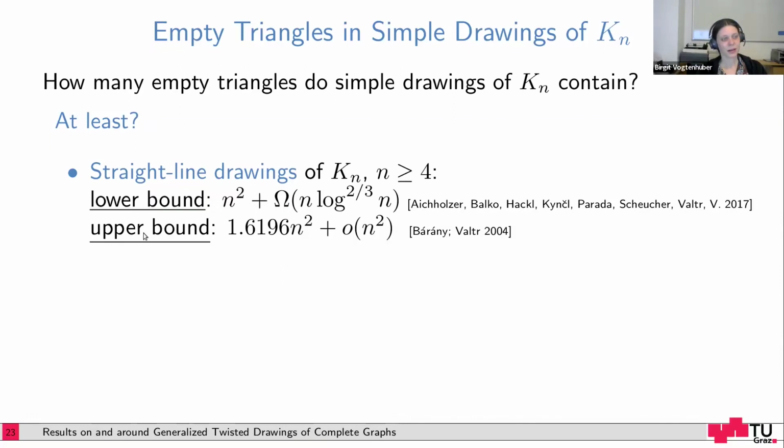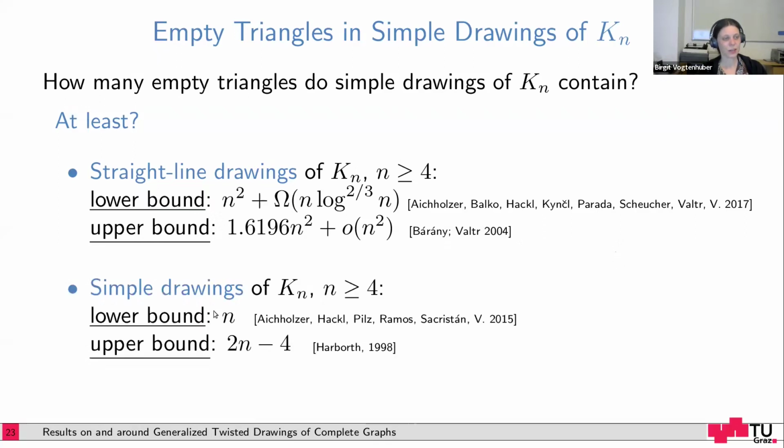And the upper bound for the minimum is also n squared due to Imre Barany and Pavel Valtr from 2004. For simple drawings, the best lower bound is linear, and it's exactly n up to now, and the best upper bound is 2n minus 4 by Harborth and his drawings.